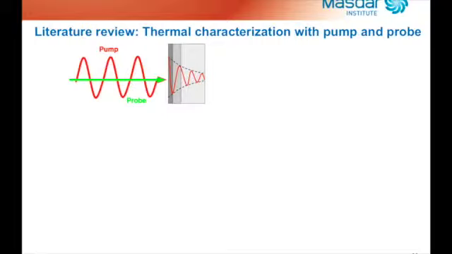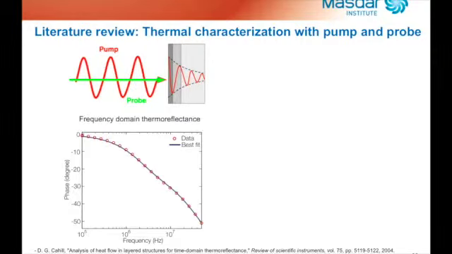If we have a system that is composed of different layers, it is important to determine how the heat propagates. And in order to do so, what we can do is to compare the experimental result with an analytical model. So in particular, we use a technique that is called frequency domain thermoreflectance.